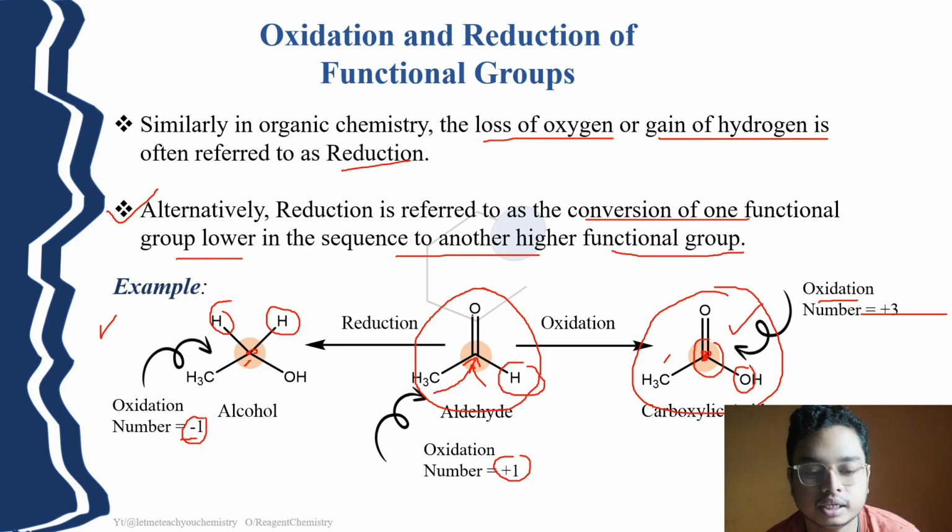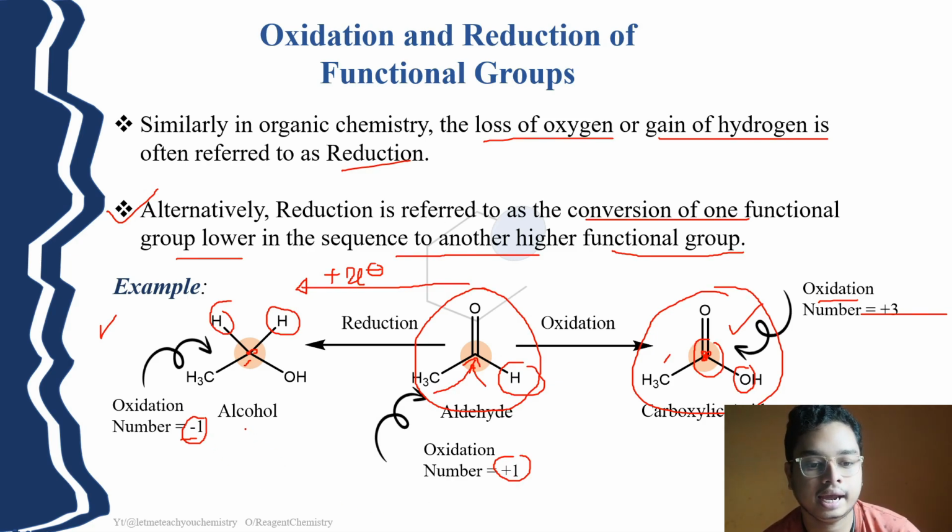Now this particular aldehyde, while going this pathway, will gain 2 electrons. While it gains 2 electrons, its oxidation number goes from +1 to -1.